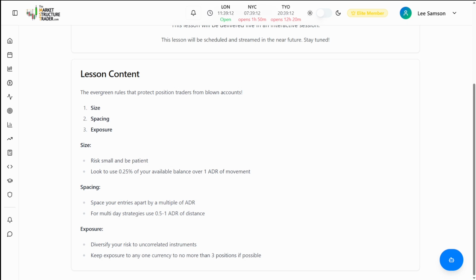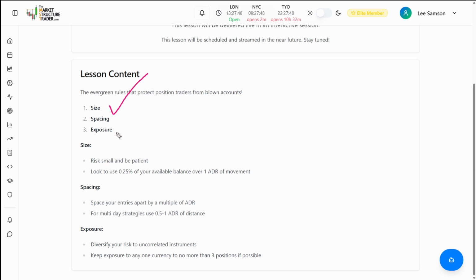So if you break one of these rules and the other two are in place, they're not necessarily going to protect you. Good size and spacing but bad exposure, one news event can wipe you out. Good exposure and spacing but bad size, you can't scale enough to DCA effectively and you'll get margin called.